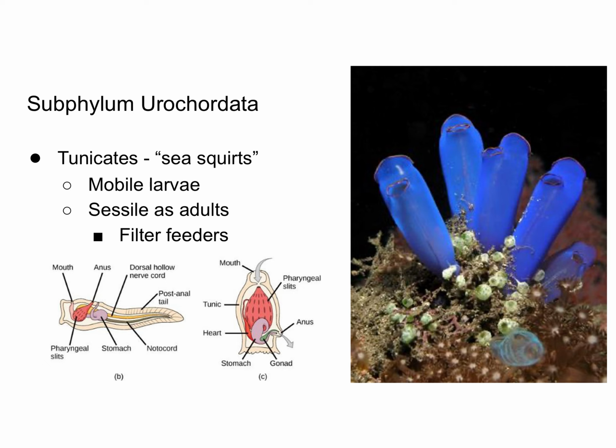On the next couple slides, we are going to take a look at the invertebrate chordates. And the first one we're going to take a look at are those in the subphylum Urochordata. And these are also known as tunicates, which get the common name of sea squirts.